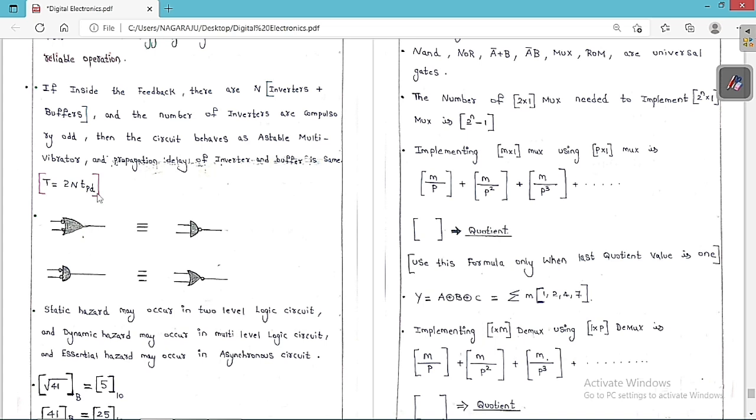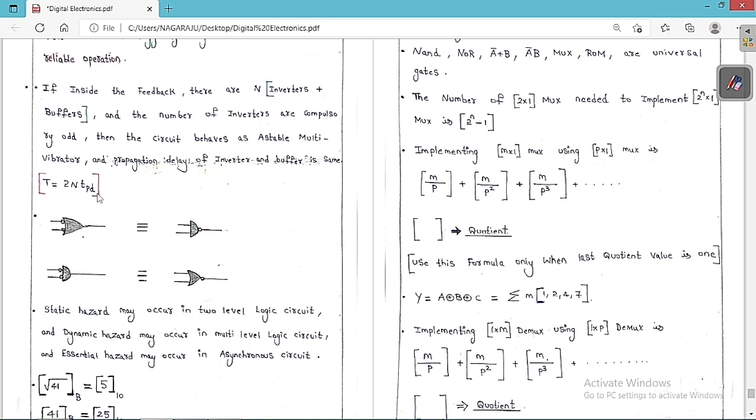If you count the number of inverters and it is odd, then it is said to be an unstable multivibrator. And the time period is 2n TPD, where n is the total number of inverters and buffers together, and TPD is the propagation delay, which is the same for both buffers and inverters. This is the point that you always have to keep in your mind.